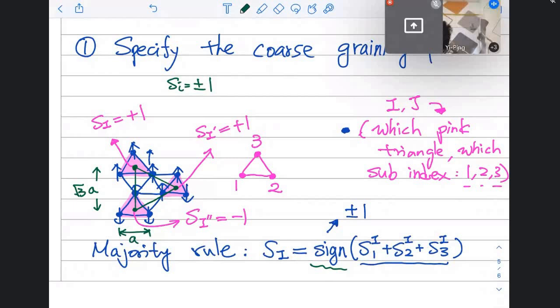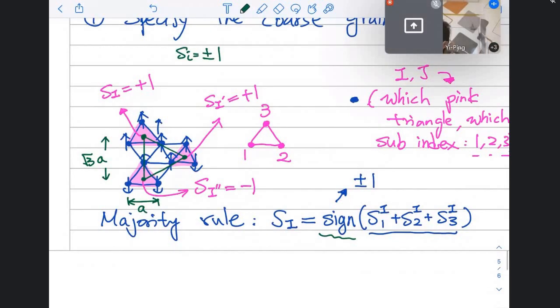Another way to say it is that when you're doing coarse-graining, to some extent you are trying to erase some information that is not relevant. At this point, this coarse-graining process seems like you drop a lot of information. For example, you can no longer tell whether you have 3 spin up or 2 spin up and 1 down. At a more microscopic scale, they are different.